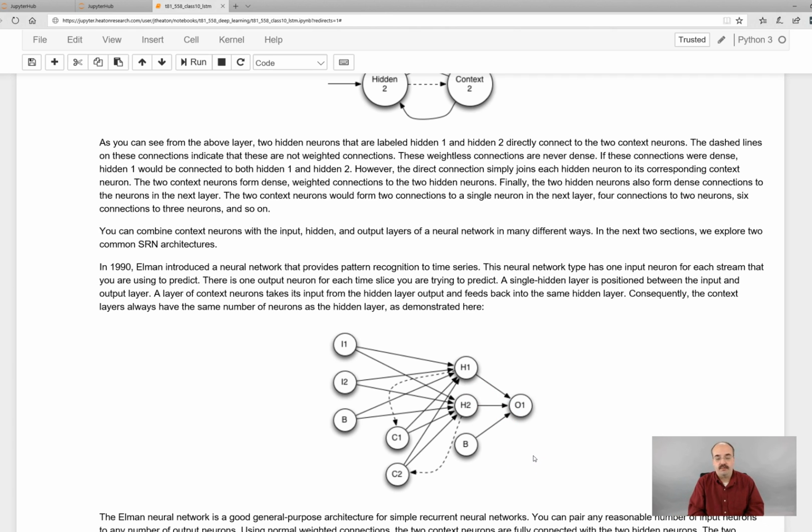Now, how do you train one of these? One thing that you always try to do in machine learning research is use what was there before you. So Jeff Elman was introducing a new type of neural network. That's enough for an academic paper. You don't necessarily want to introduce both a new type of neural network and a new training algorithm at the same time.